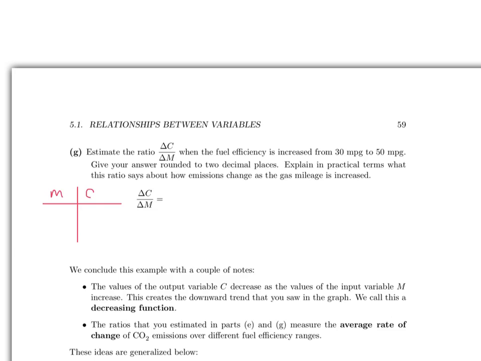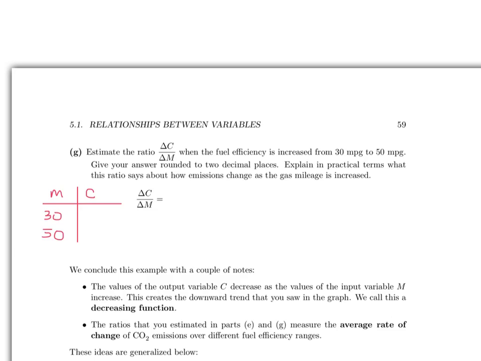of M and C values. Now in this case, our fuel efficiency is going from 30 miles per gallon to 50 miles per gallon. If we take these 2 fuel efficiencies and we substitute them back into our function equation, we can calculate the corresponding emissions in pounds per mile.